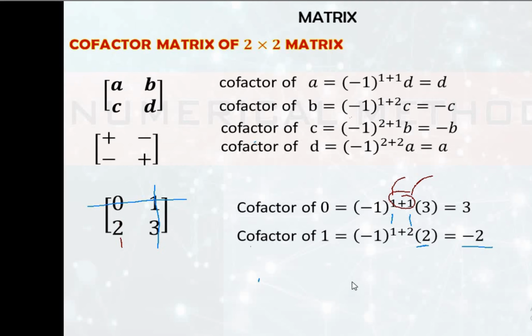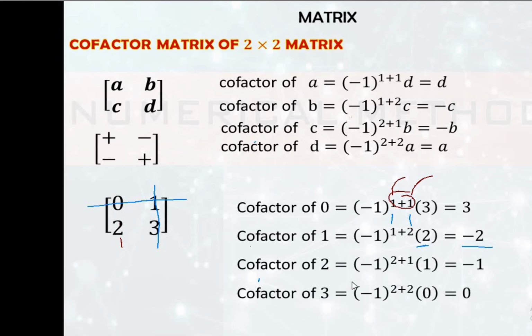So for cofactor of 2, that is equal to negative 1. And the cofactor of 3 is 0. Okay? So that is how you're going to solve for the cofactors of a matrix, especially for 2 by 2.